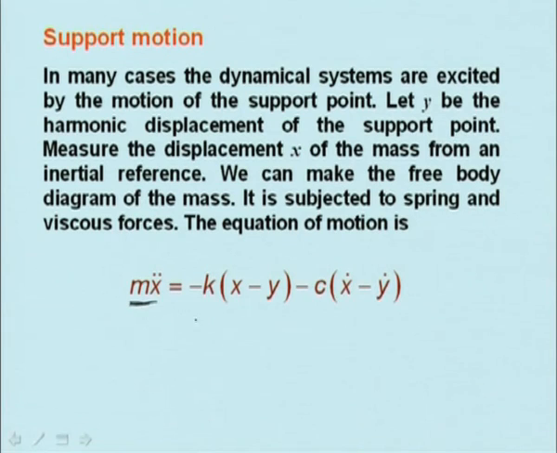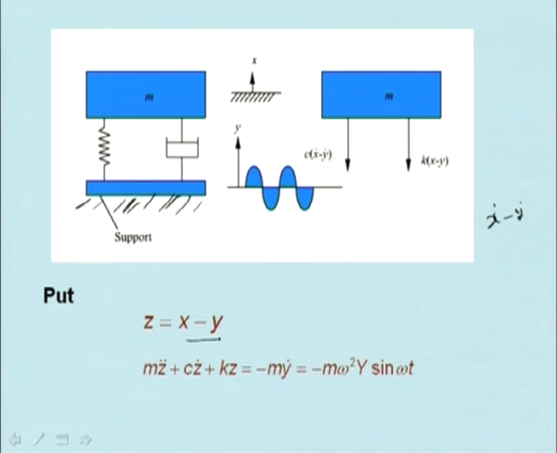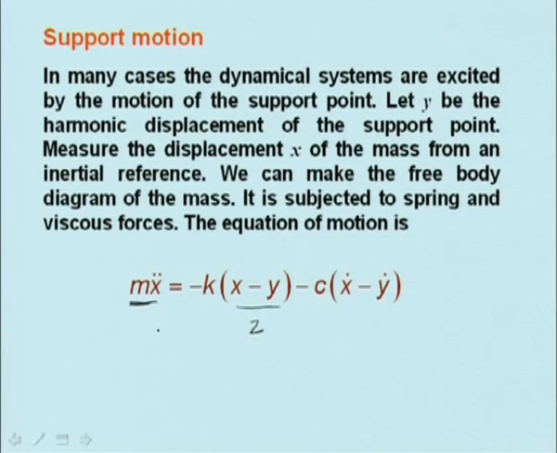Since we are getting the terms x minus y, it is better to write it in terms of z, so the variables get reduced. So with z equal to x minus y, we get m z double dot, because here we don't have any y term. Since we have added my double dot here, we can subtract it from the other side, so it becomes minus m y double dot.